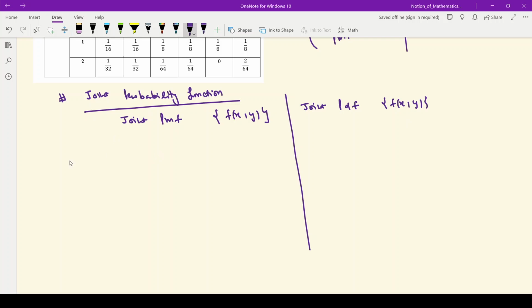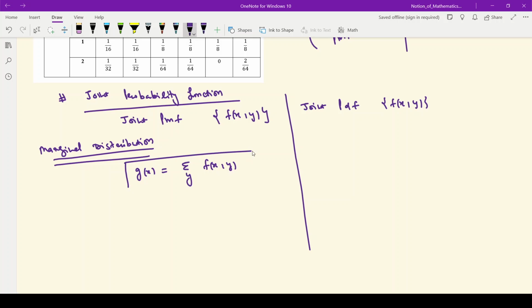Now what I want to say here is how I am going to define the marginal distribution. This marginal distribution is just like separated into different variables. So if I am talking about g of x, that is summation over y of f of x y, and since summation is given, we can utilize it like the discrete approach.